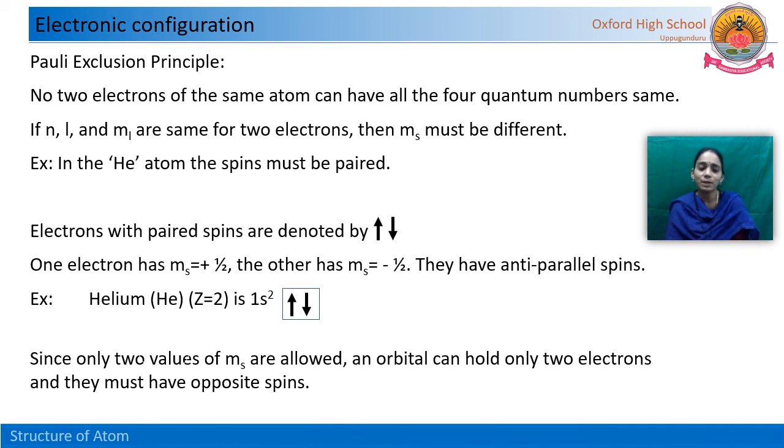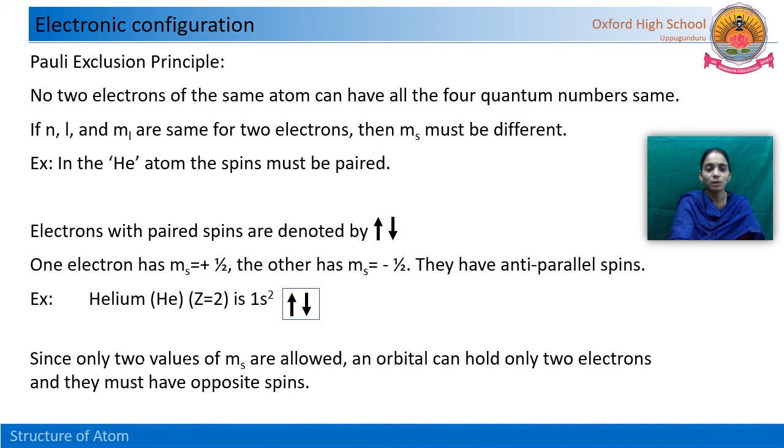So we can clearly say that the maximum number of electrons in an orbital is only two, because only two spins are allowed, one clockwise and the other anti-clockwise. That means in any orbital the maximum number of electrons is 2.